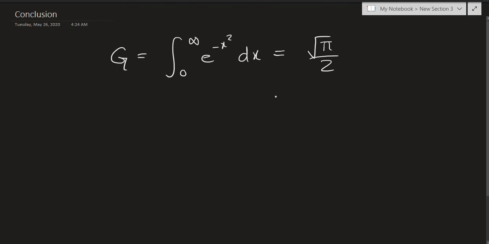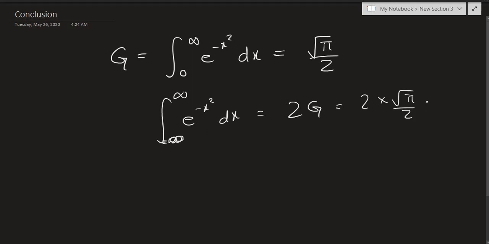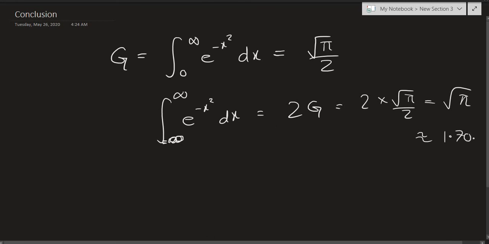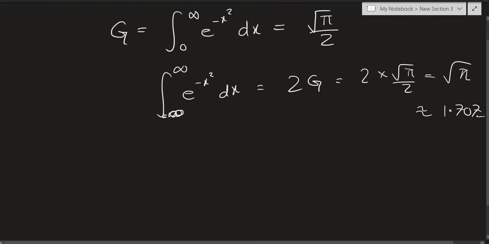And since this is symmetric about the y-axis, we have the integral from negative infinity to positive infinity of e raised to negative x squared dx, and that's basically 2 times g because it's an even function. So that's 2 times square root of pi over 2, and that's square root of pi, which is approximately 1.707 recurring. Obviously pi is irrational.